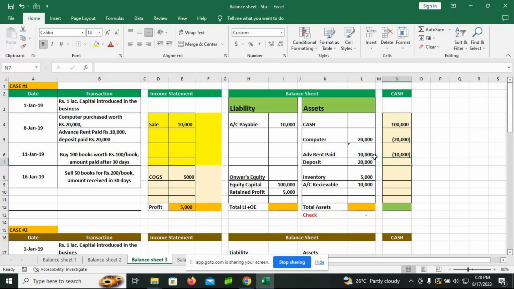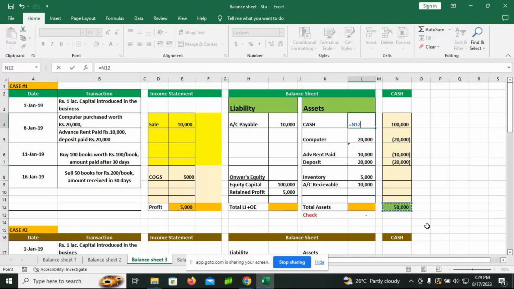Money is going out of my pocket. Deposit equals minus 20,000. There also I am paying the money. Okay. So now inventory is nothing. So it is 50,000. Here cash, what I have after spending all the amount, is 50,000.